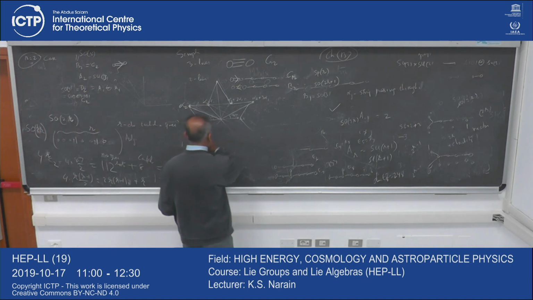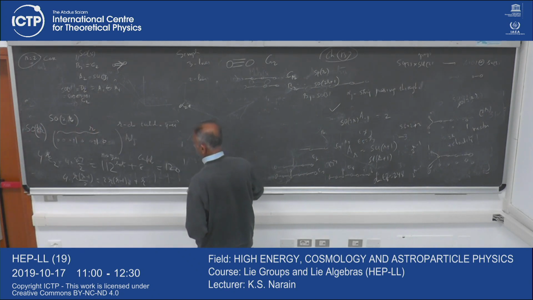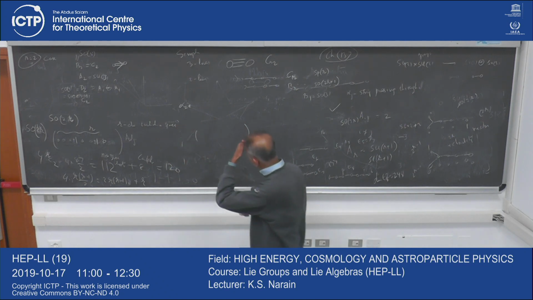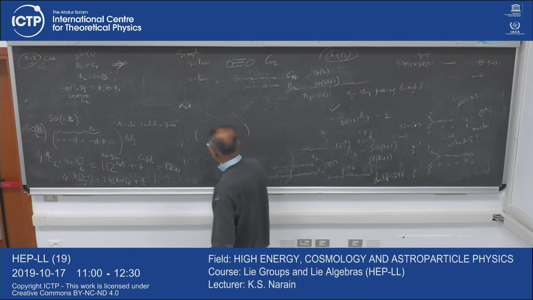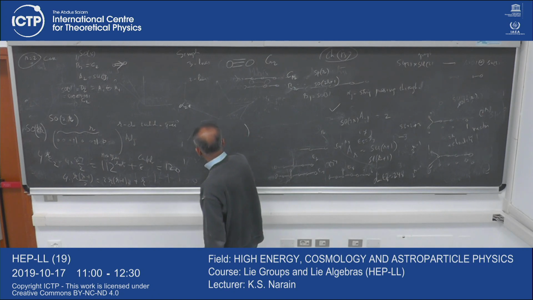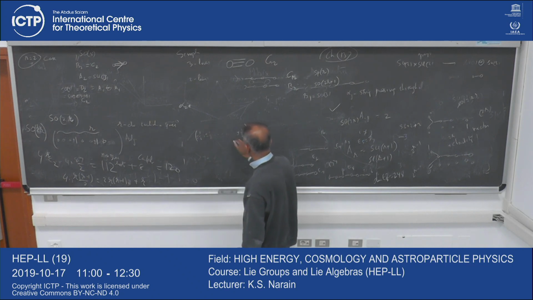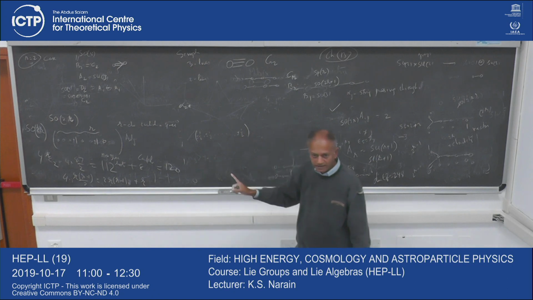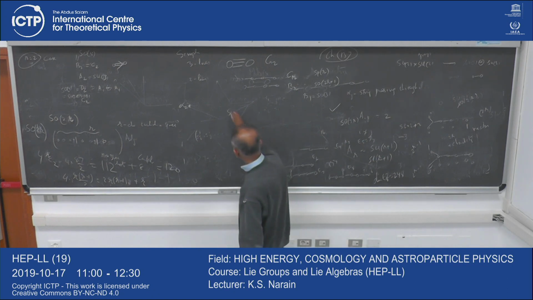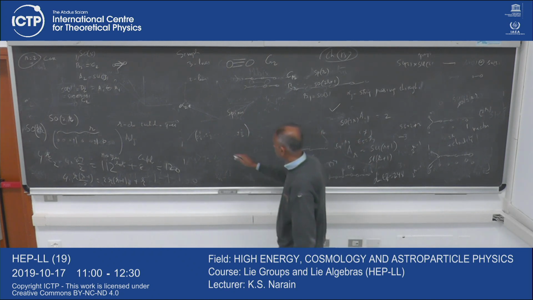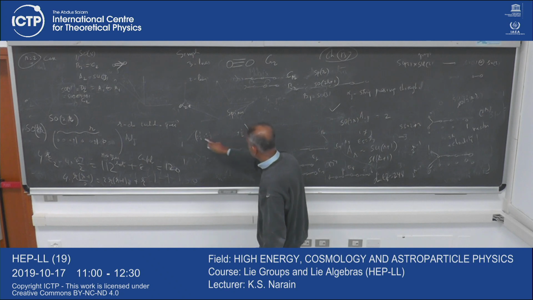Spinors, on the other hand, are given by plus or minus half for all the entries simultaneously. Nothing is 0 here. So this is the spinor. The difference between spinor and spinor prime is the choice of plus and minus.